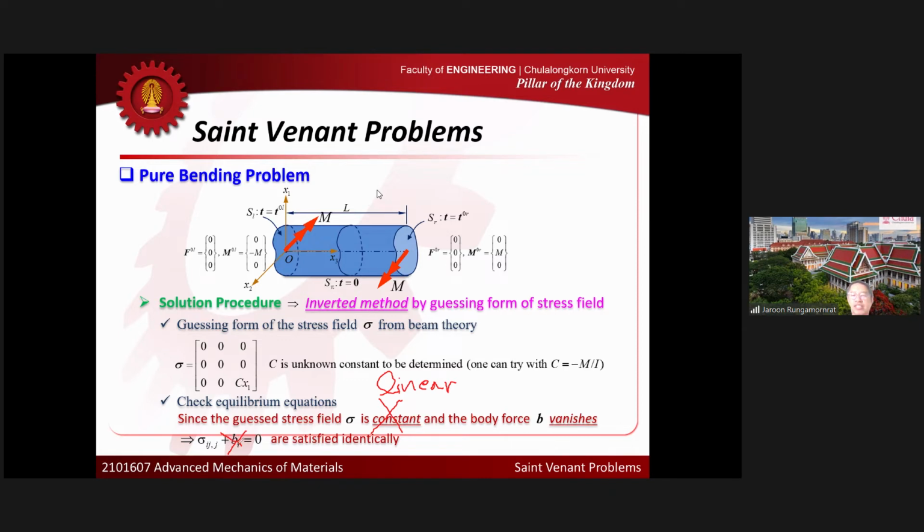How can I confirm that sigma ij,j is 0? You have to plug it in one by one, right? But for this one, it should be clear. You can see that when you expand that term and look at sigma 3, right? That is the only one that is non-zero. So if you look at the term that we have here, okay, sigma 3 that you have here when i equals 3 and j equals 3.